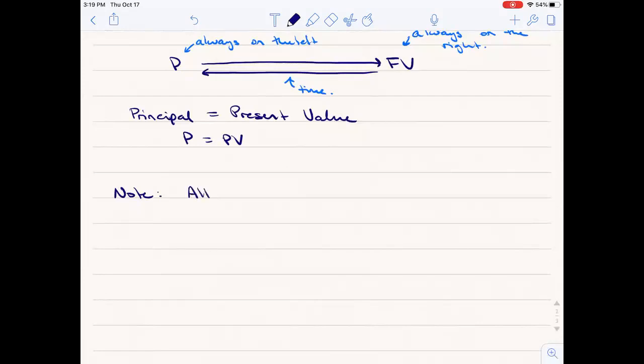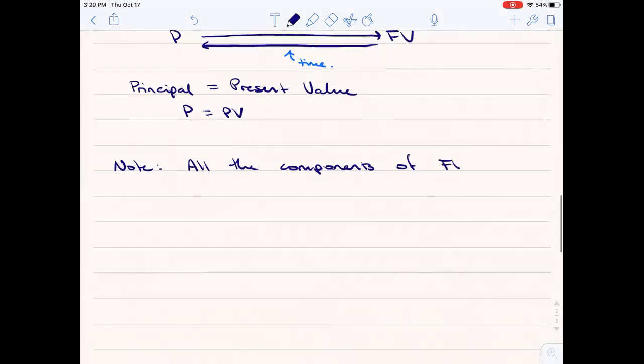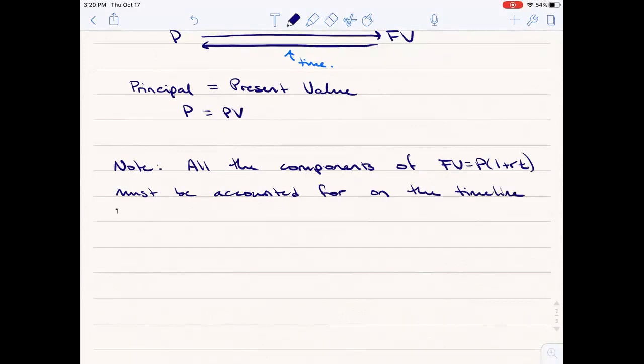So all the components of future value, P times (1 plus R times T), must be accounted for on the timeline for it to be complete.